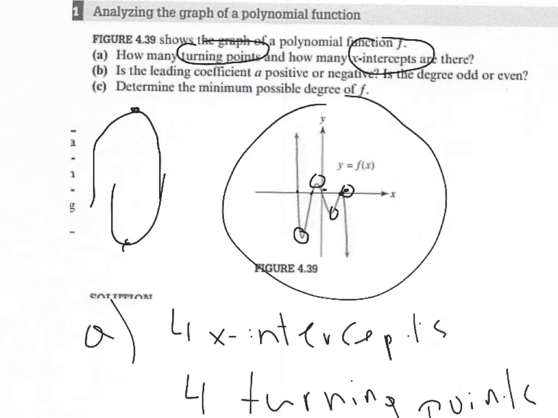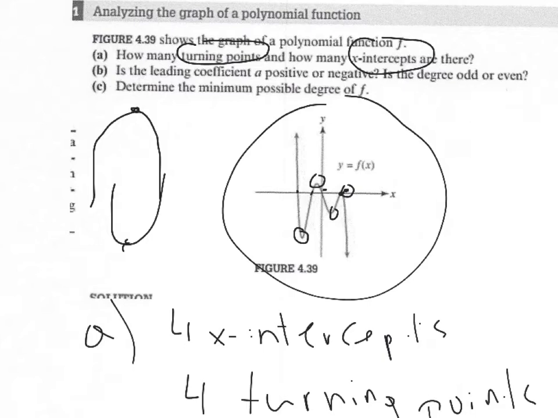Question B: is the leading coefficient a positive or negative, and is the degree of the function odd or even? Think about y equals mx plus b. Do you guys remember, if m is positive, the line goes up? If m is negative, the line goes down?